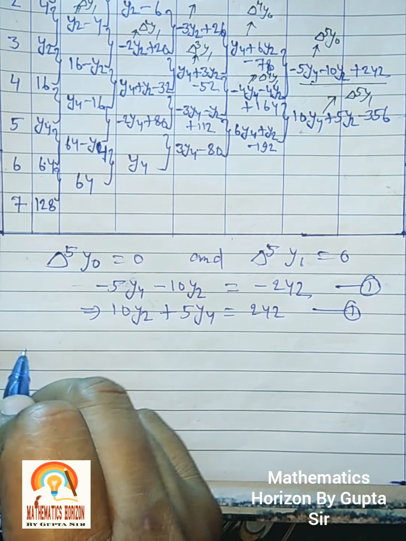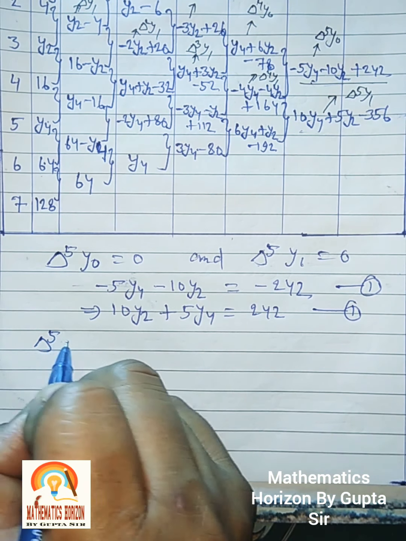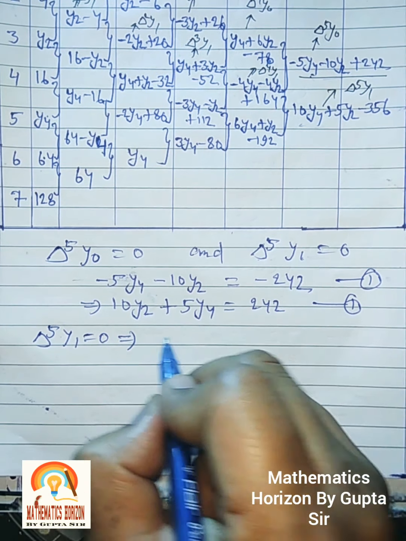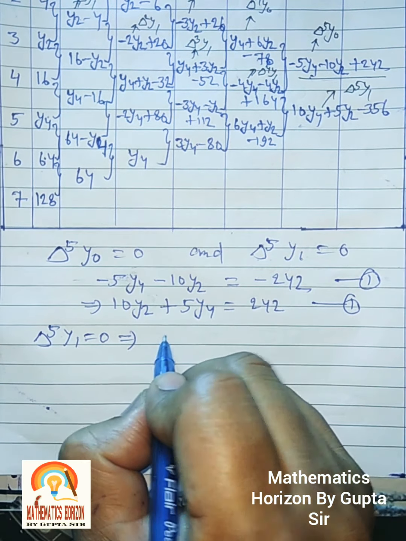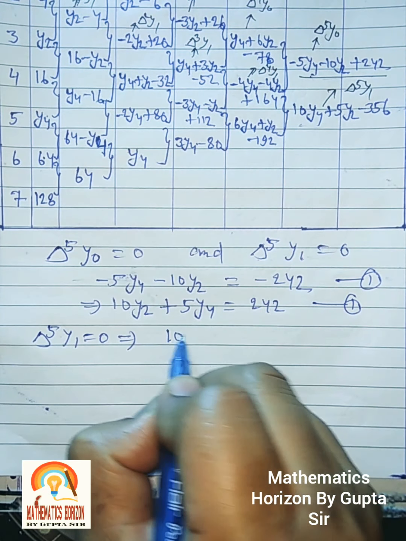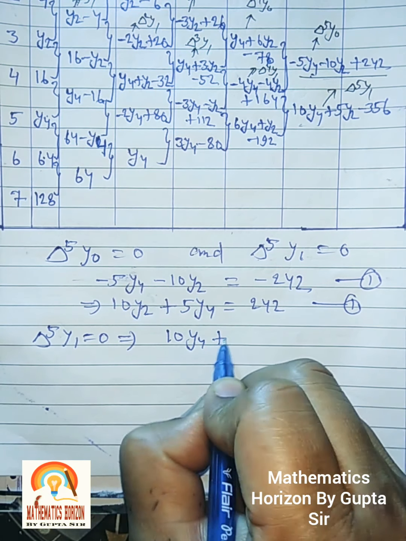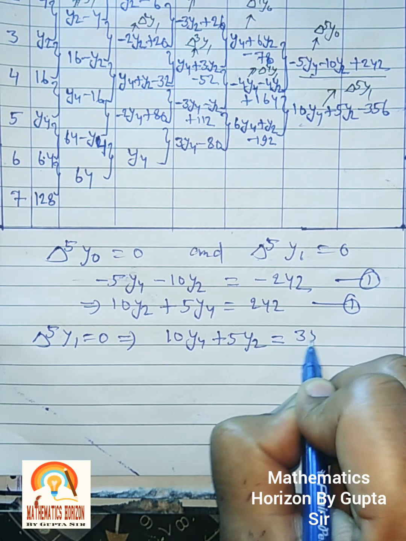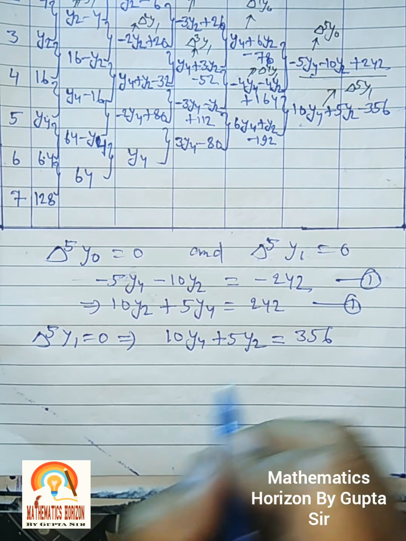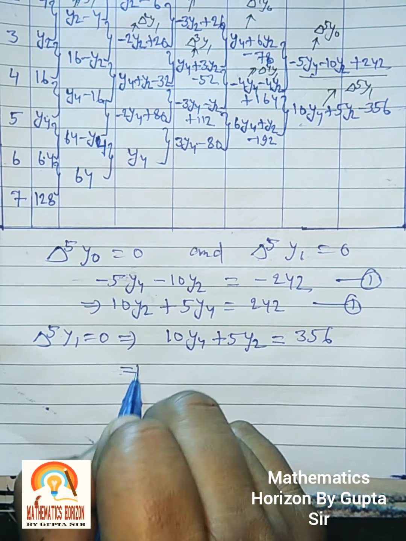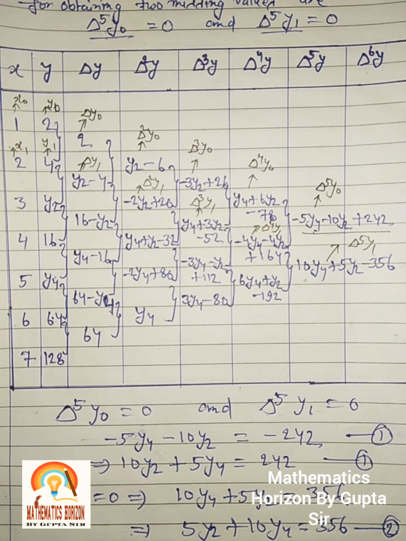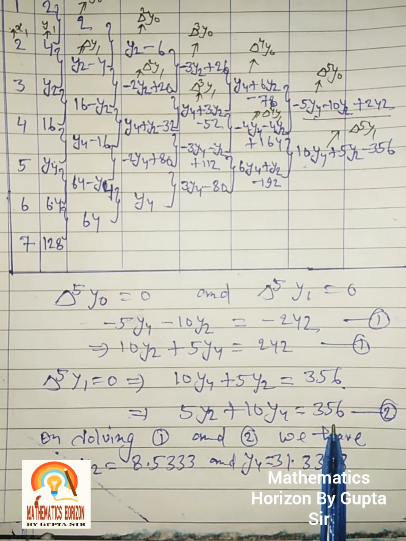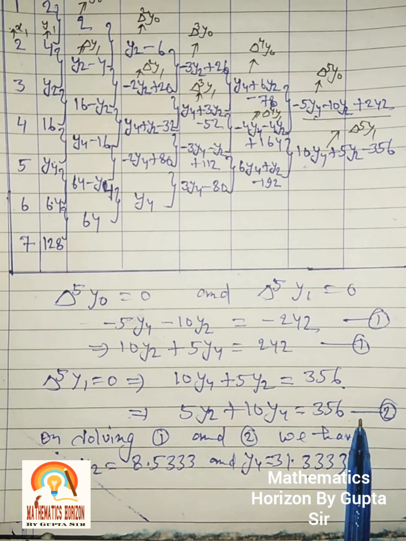And when we put del 5y1 equal to 0, that is this term equal to 0, we get 10y4 plus 5y2 is equal to 356, that is equivalently 5y2 plus 10y4 is equal to 356.